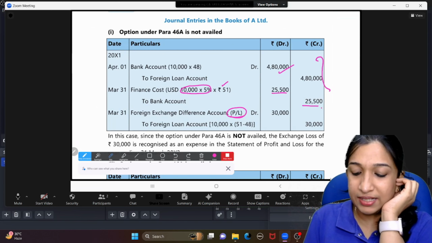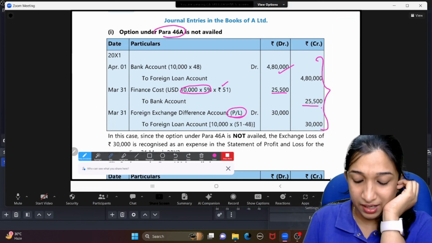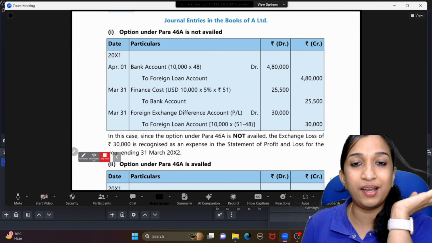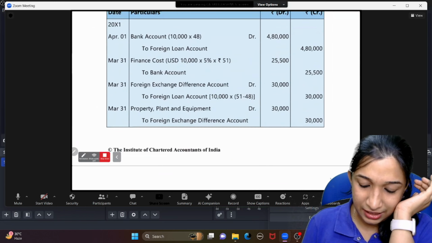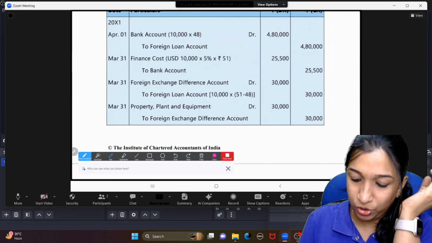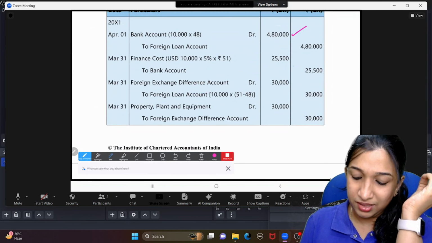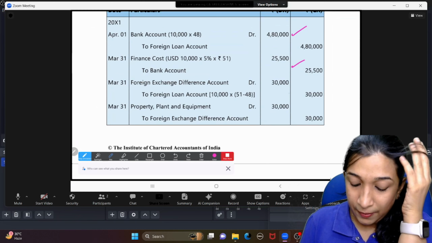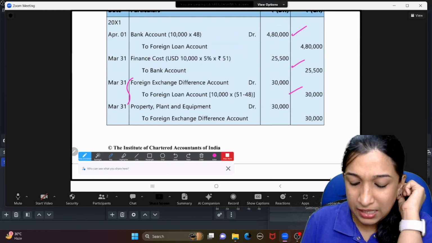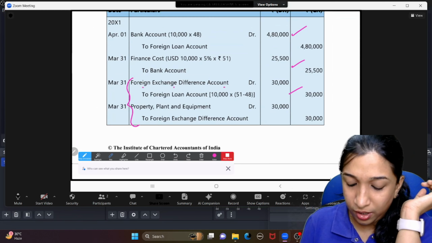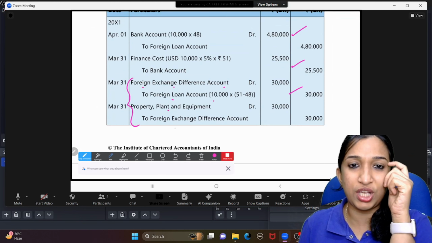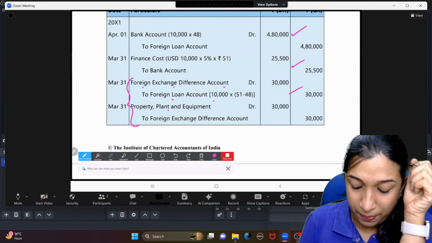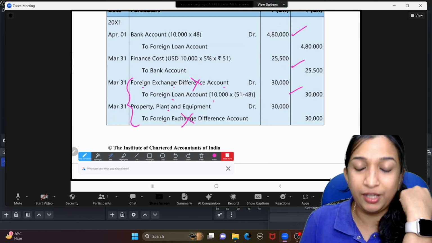Same set of entries. If 46A is availed, then instead of P&L it will be asset. So this is bank to loan, and interest. The rest is all fine. You need not pass foreign exchange loss to loan, then PP to foreign exchange loss. You can pass a single entry, PP to loan.